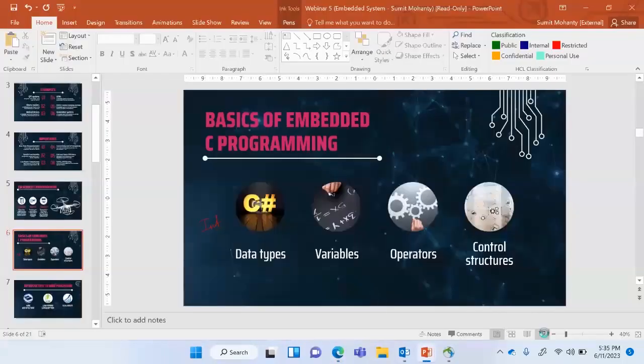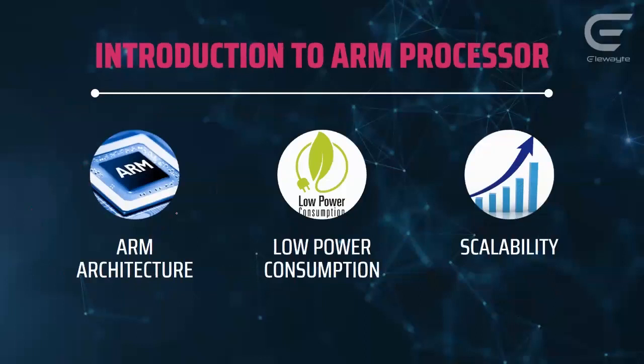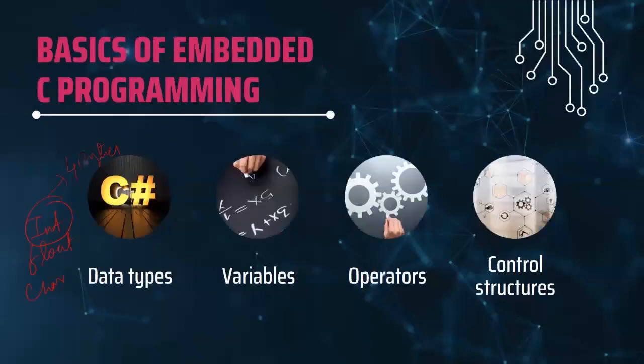So we have integer, float, and character data types. These are a few of the basic data types. The integer data type takes, I think, 4 bytes. Bytes and bits, I guess all of us know the difference: each byte means 8 bits.